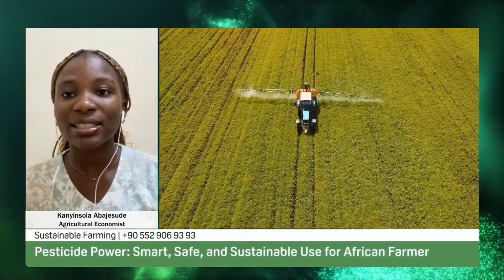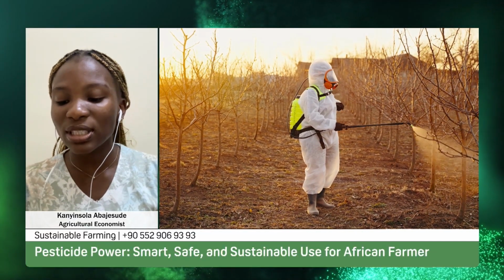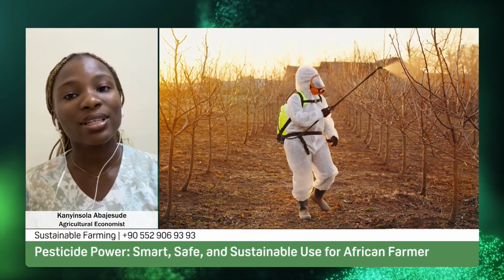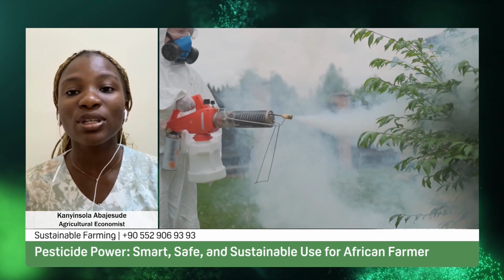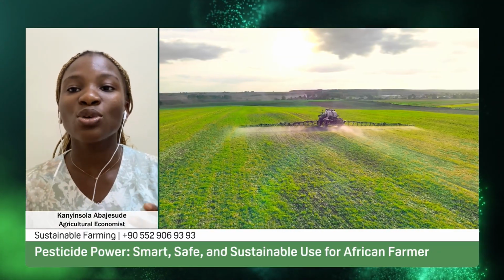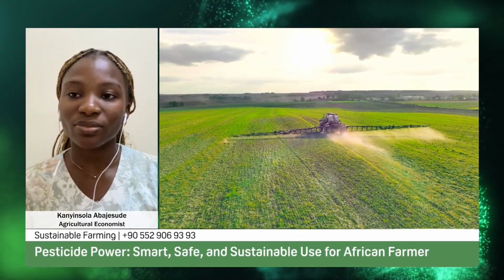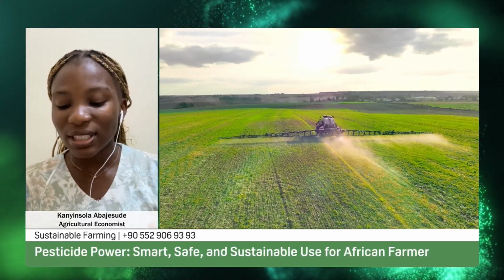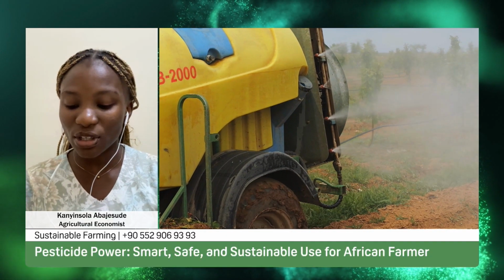Today, we're going to look at how pesticide can be smartly, safely, and sustainably used. So sit by as you listen and learn from this episode. Right, let's dive right into the conversation.